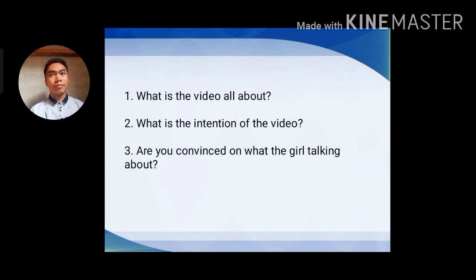As you can observe, the woman cited some sources of the effects when you are using gadgets, especially the effects on our health. So that part was really convincing.